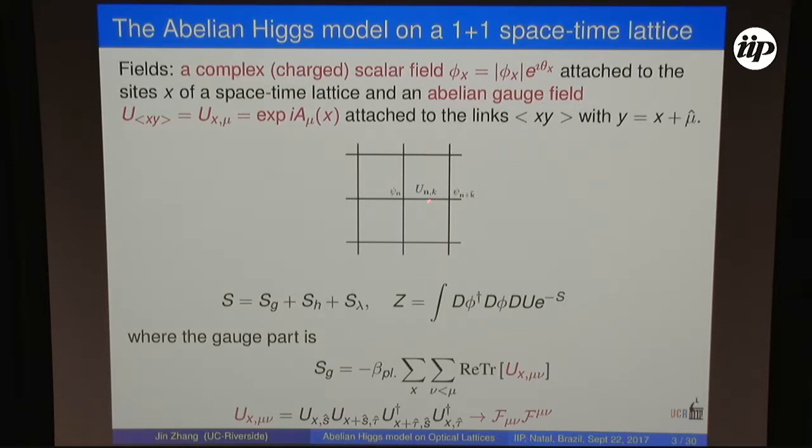So it's this term times this term times this term and times this term. Why is it like this? Because we should make this consistent with continuous field theory. In the continuous field theory, this is just the energy density of the electromagnetic field.